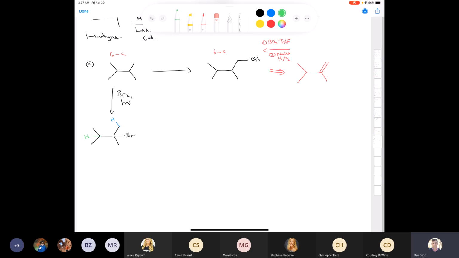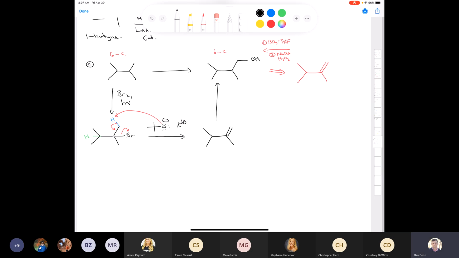However, if you use that big bulky base like potassium t-butoxide, and I'll just draw it out like this, so this is potassium t-butoxide, that's going to preferentially pull off this proton to produce the double bond with loss of the leaving group. It's an E2 mechanism, and then you end up with the desired alkene like that.